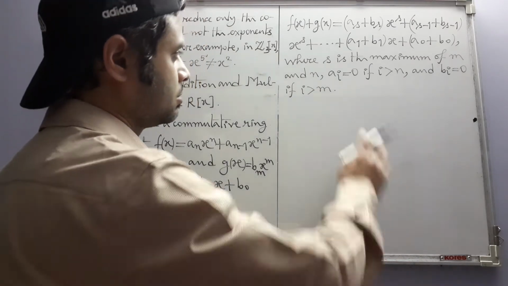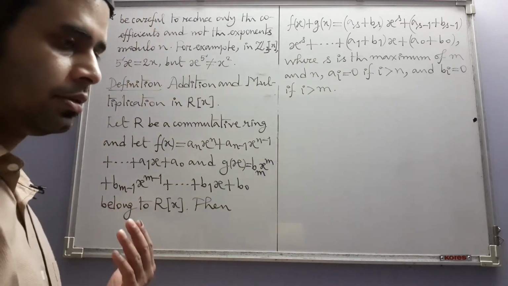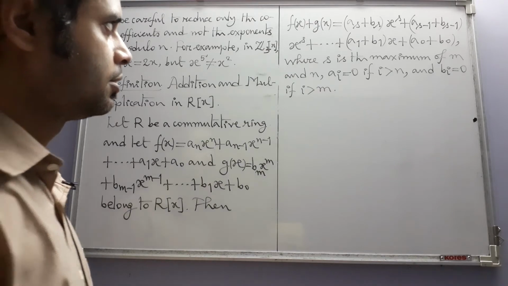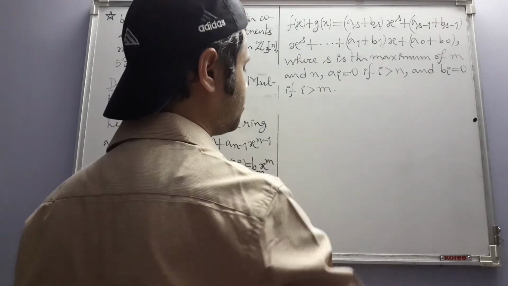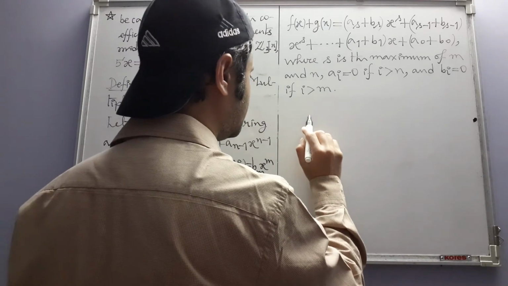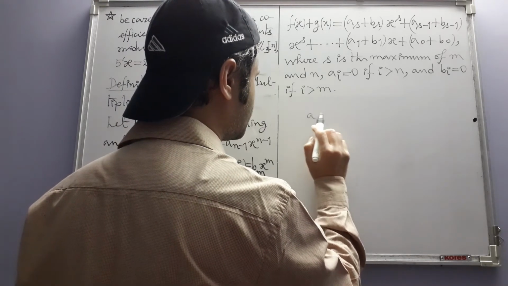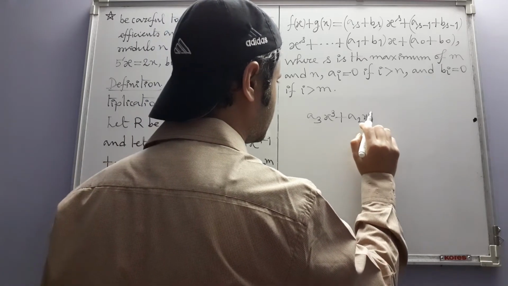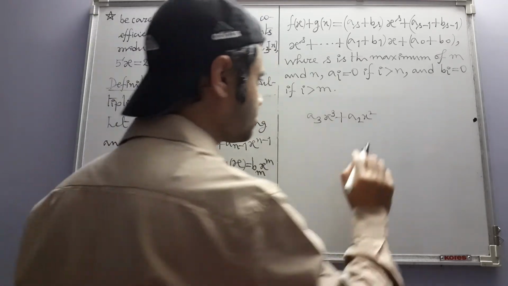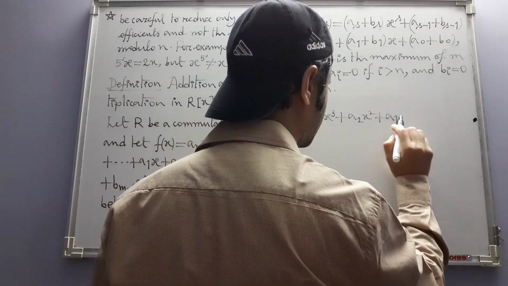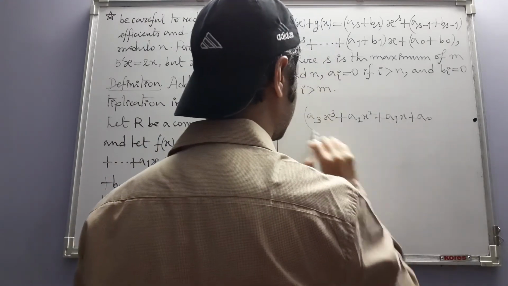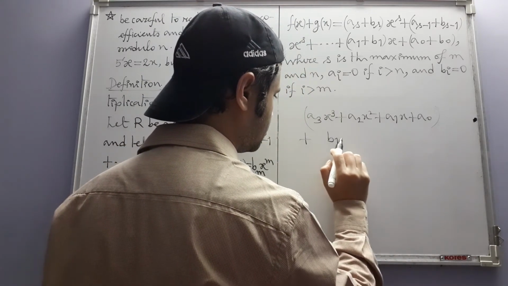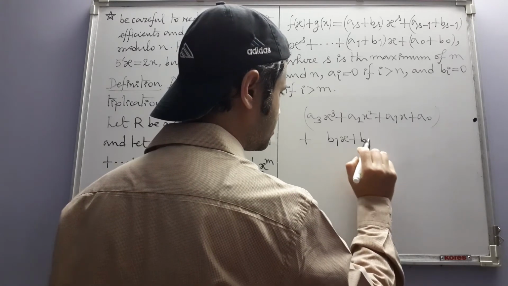Okay, so this is used to make both the polynomials have the same number of terms. So we say s is the maximum of m and n because of this. Say you have a3x cube plus a2x square plus a1x plus a0, and you add that with say b1x plus b0.